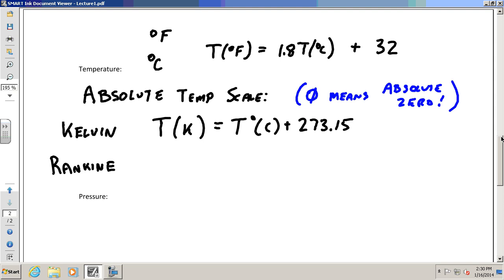Almost everybody's heard of Fahrenheit and Celsius, and if you've taken any chemistry or physics course, you've probably heard of Kelvin, but very few people, until they get to thermodynamics, have heard of Rankine. The temperature in Rankine is equal to the temperature in Fahrenheit plus 459.67. Again, very simple conversion.